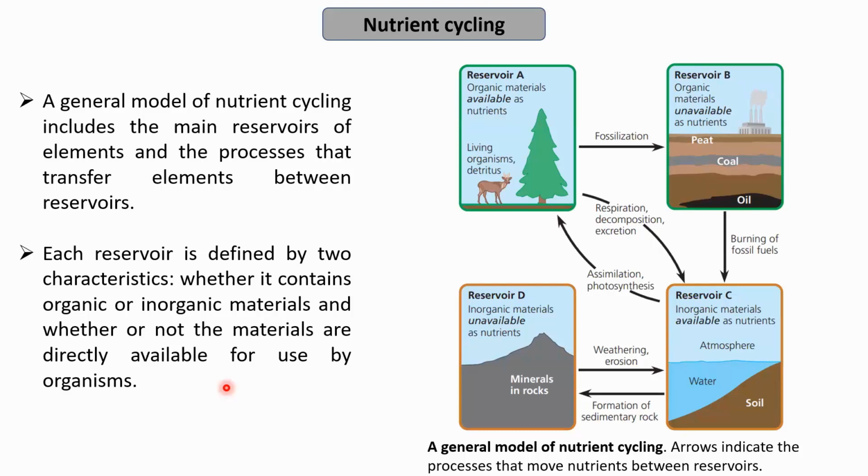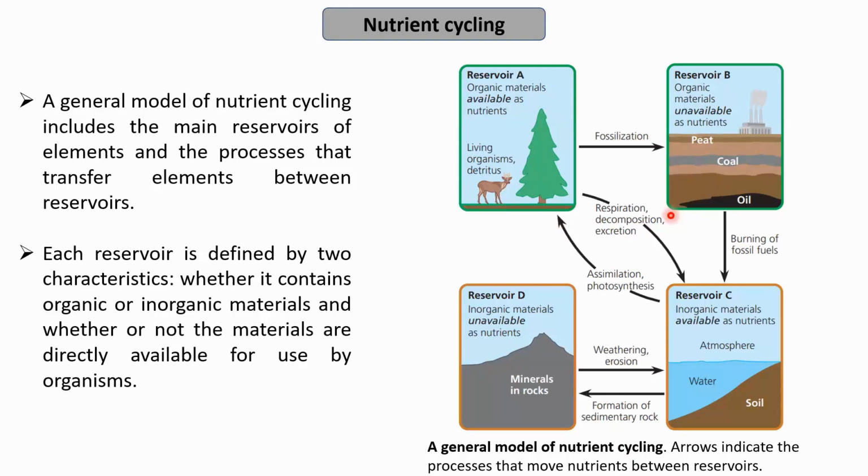For example, in reservoir A, organic material is available as nutrients for living organisms and detritus. Reservoir B also has organic material, but it is unavailable as nutrients. Reservoir B is mostly fossils, and therefore it is not directly available for the use of organisms.